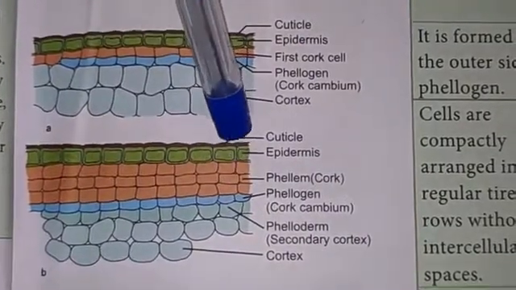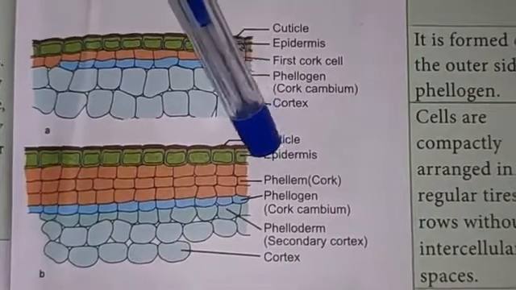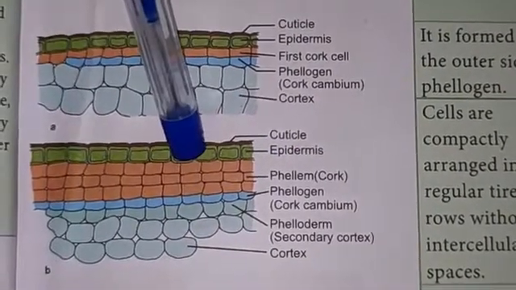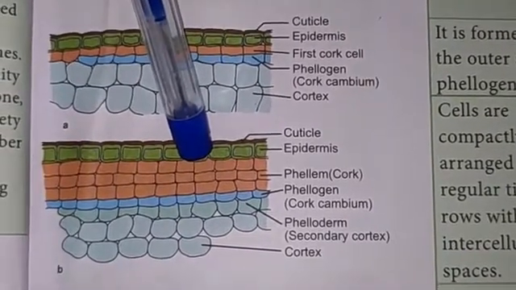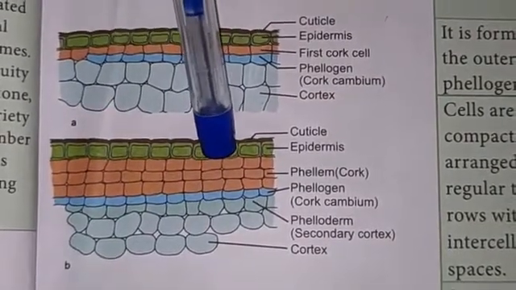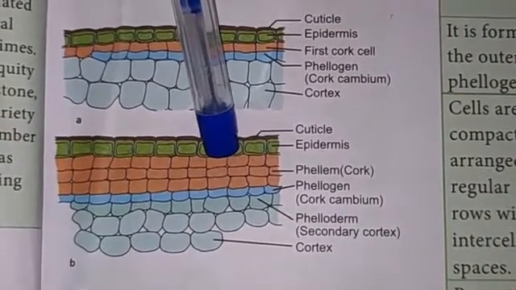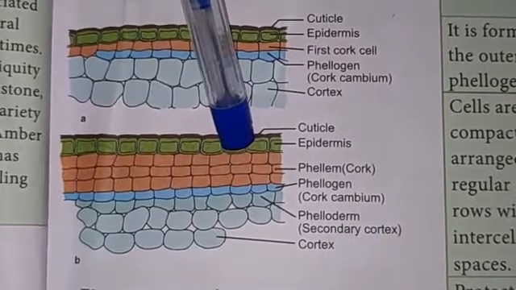The first layer of the periderm is the phellem, also called cork. It is a protective covering composed of non-living cells with suberized walls, which is the brown color. Suberized means it is made up of a substance called suberin.